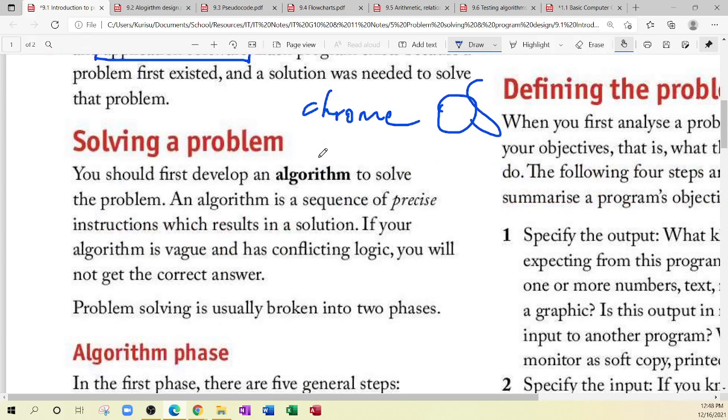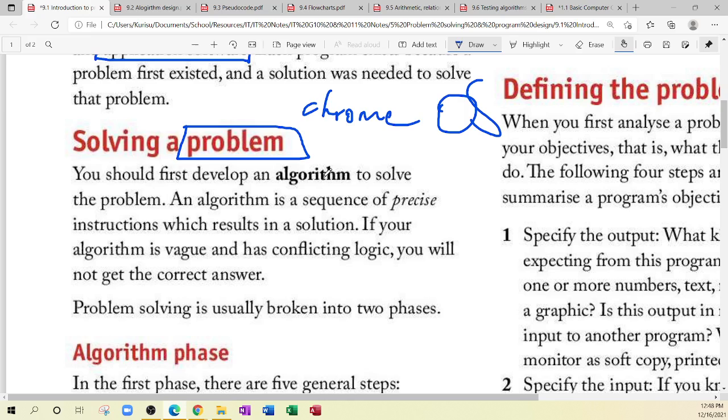So in order to get to this solution, you have to figure out what is your problem. You have to understand the problem. Because if you don't fully understand what is the problem, then you won't be able to have an effective solution. Yes, you can have a solution, but it might not be as effective as it can be if you do not fully understand what's causing your problem.